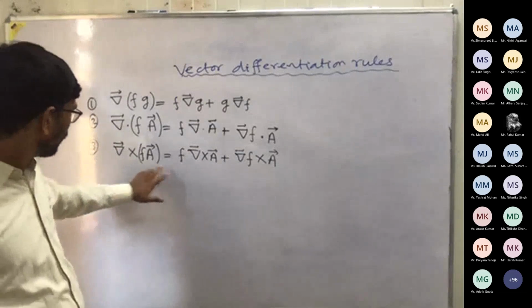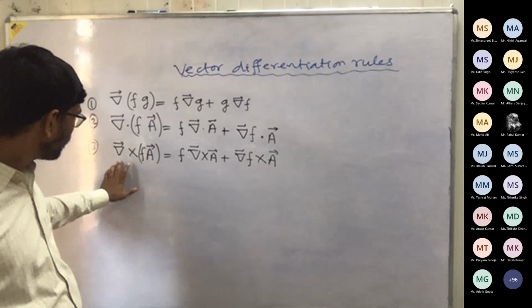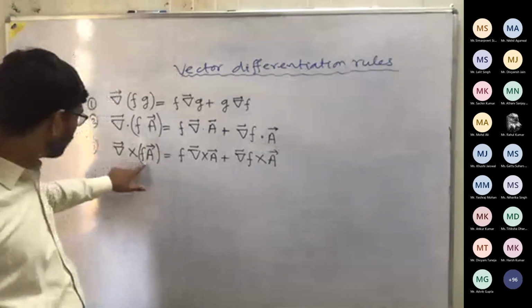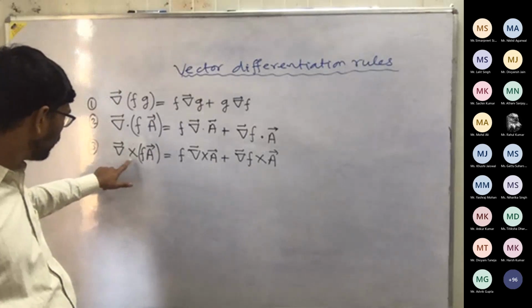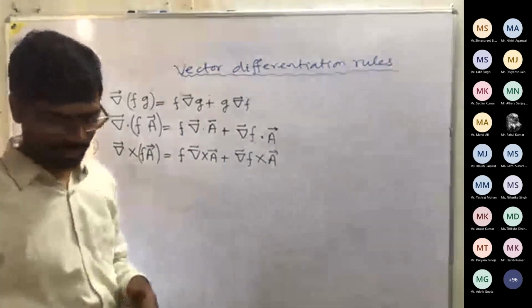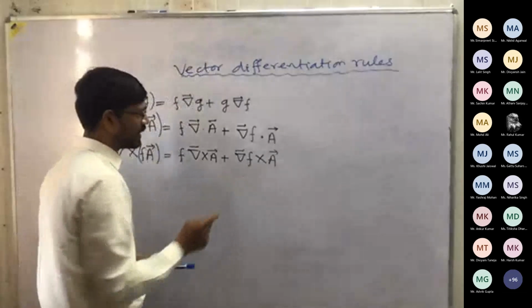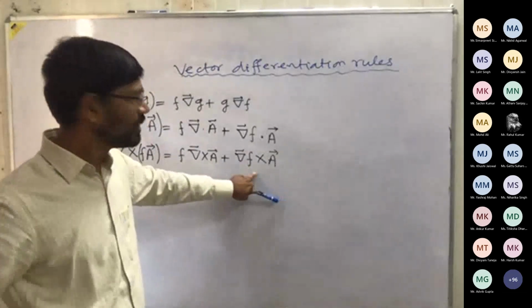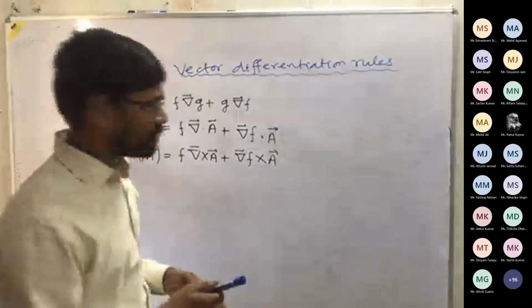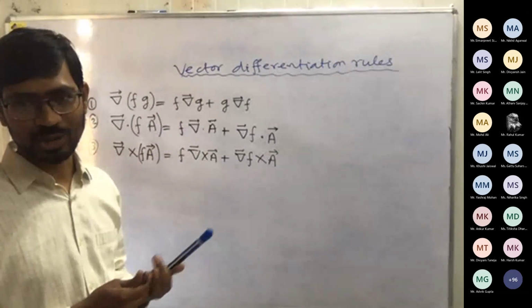The scalar function will be outside, and then you have the curl A, and then del will operate on f. No negative sign here. If you interchange this, then a negative sign will come. So again, if you don't believe me, you have to prove it.